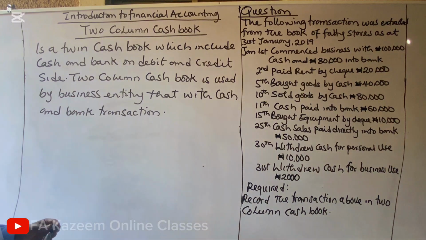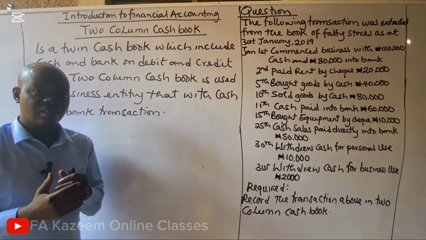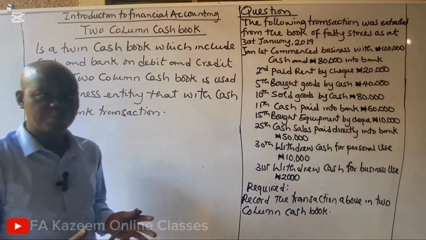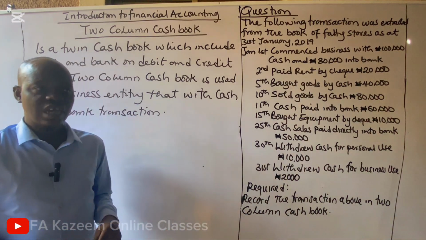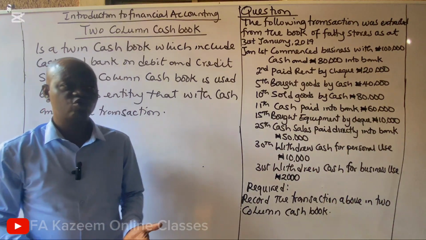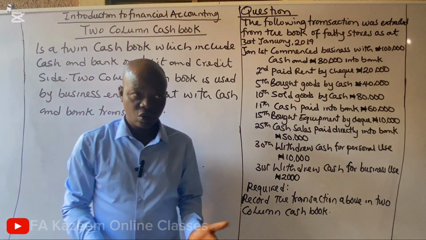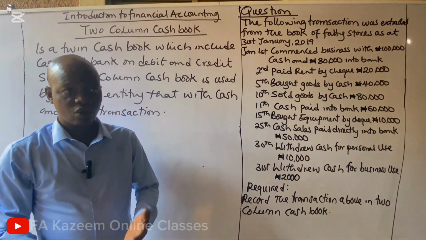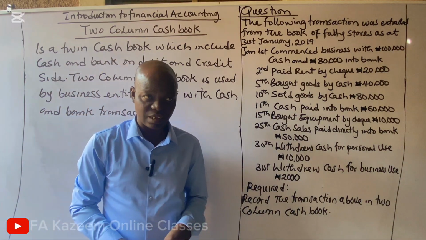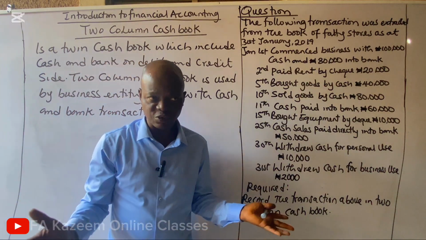transactions. What this means is that as a business entity, if you transact your business with cash and also accept money through the banking system, either through check or through transfer or through online banking system, you are to make use of two column cashbook.